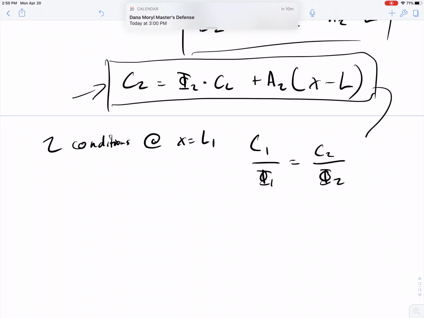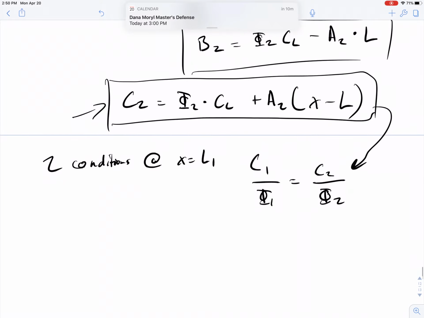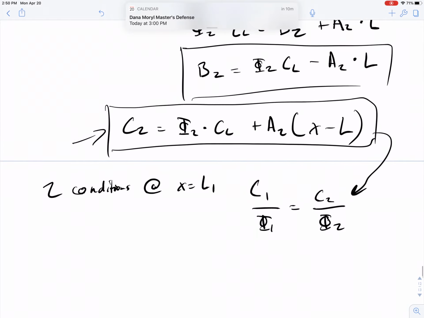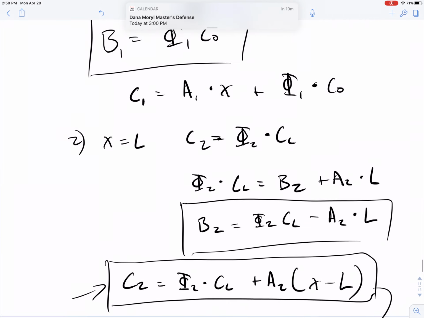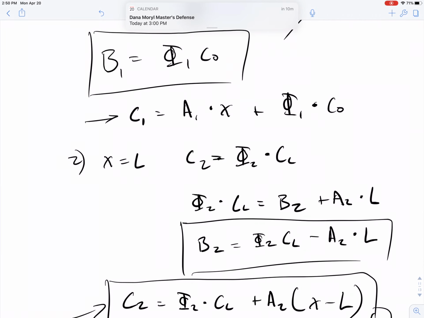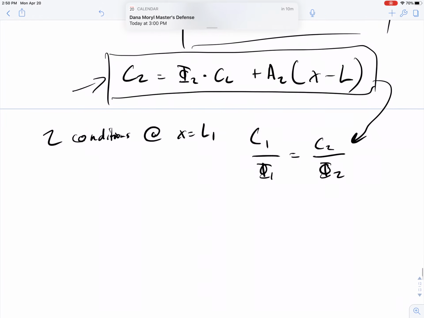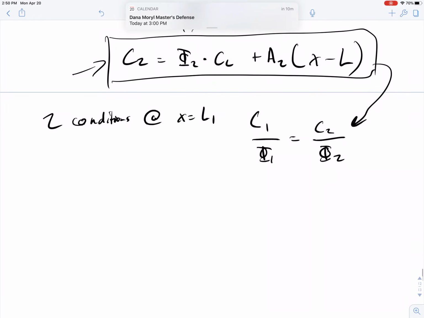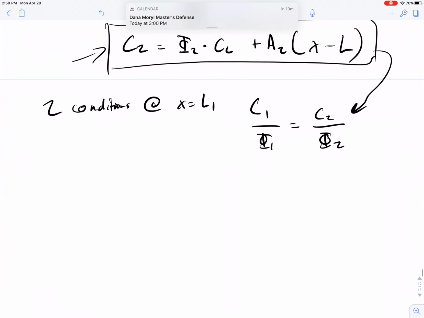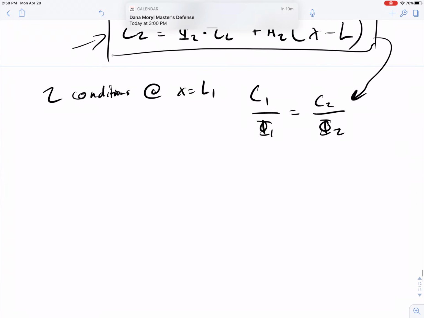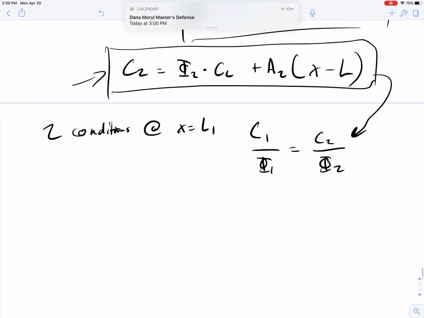We can plug this in for C2 right there, and then we have our equation for C1 right here. So let's just go ahead and do this. What you end up with is that, let's see, CL minus A2, okay, here we go.